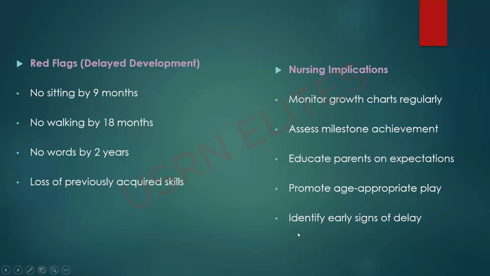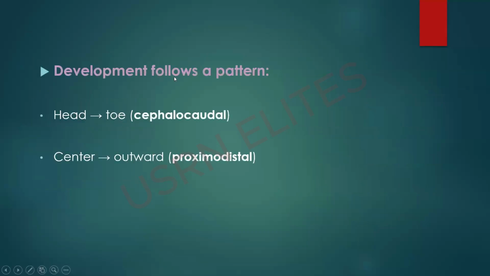If not, then let us look at, I think we've done this one too, developmental stages. When we talk about development itself, it follows a particular pattern: cephalocaudal, if you've heard it before, and proximodistal.